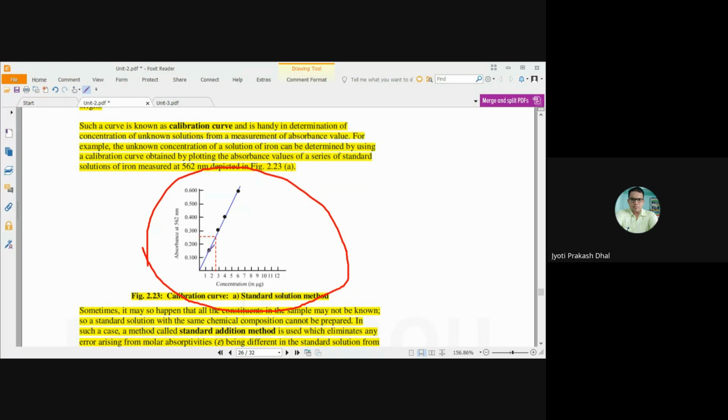Here five known concentrations of the same sample are there, and they give particular absorbances. After drawing the curve of concentration versus absorbance, that will give a straight line. Then if we put the solution of unknown concentration, it will give a particular absorbance, and from that absorbance you draw a normal to the curve, and finally you determine the concentration of the unknown sample.